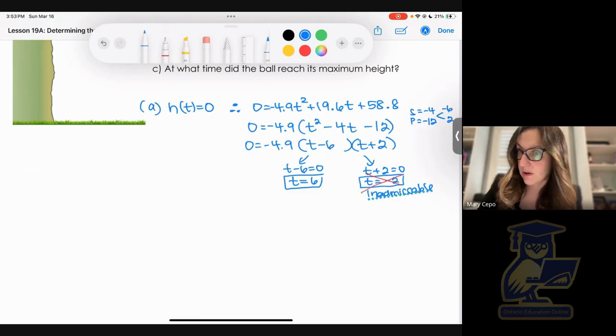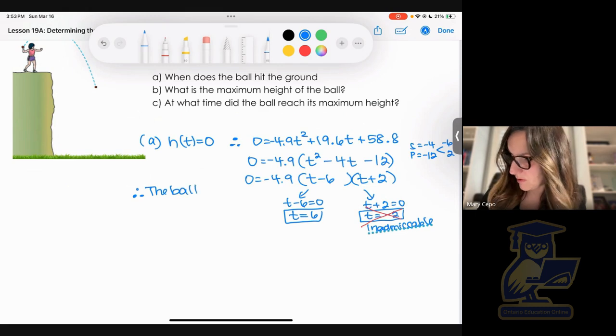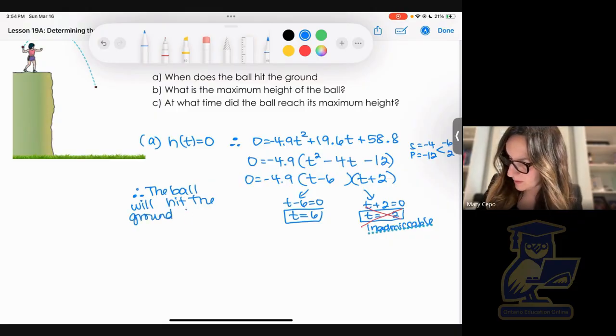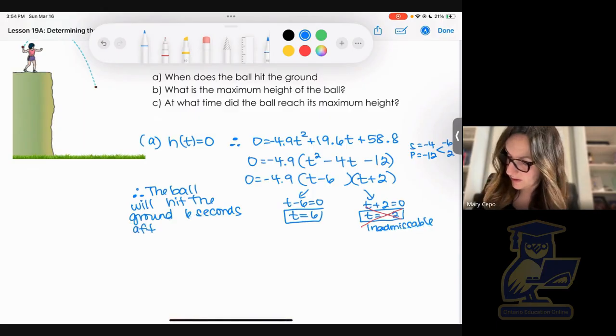So, answering the question, therefore the ball will hit the ground 6 seconds after it was thrown.